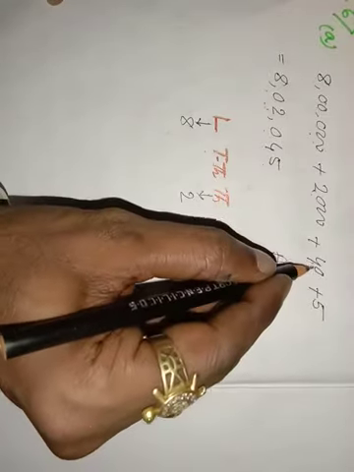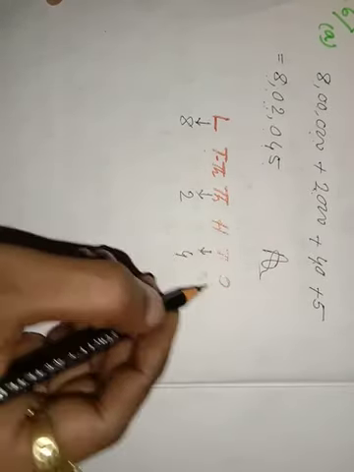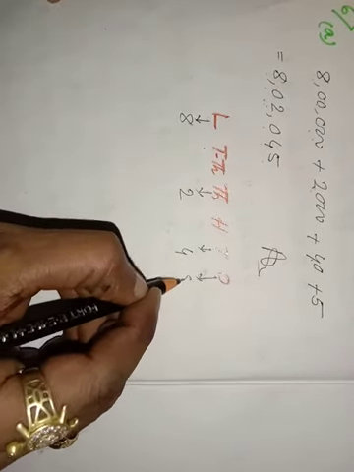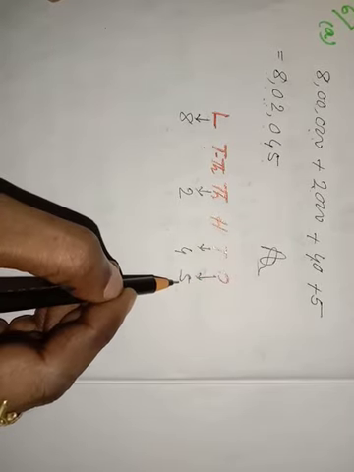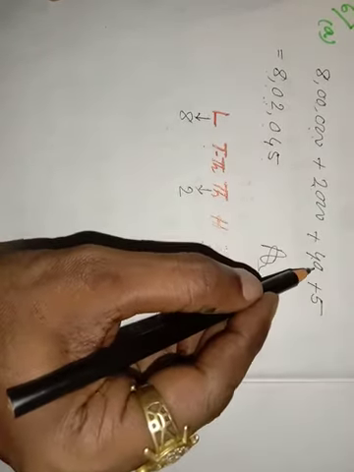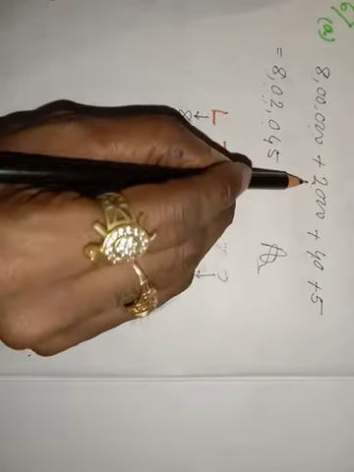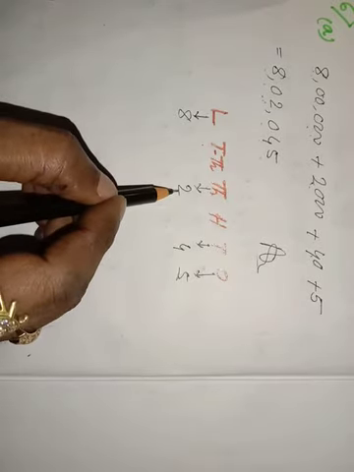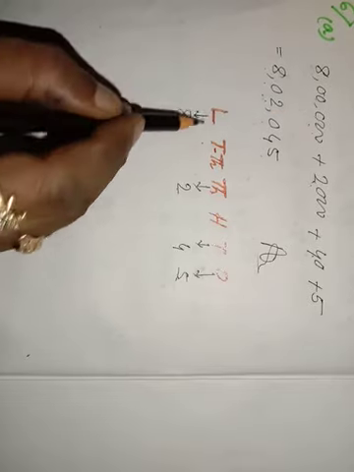Next is 40, means 10's place, I have to write here 4. And unit place is 5. This is unit place. See how I am writing here. 1's place 5. 10 place 40 means 10's place 4. 100 place not given. Directly given 2000 means 1000 place 2. Next after 1000 directly given 8 lakh. I am writing 8 lakh.